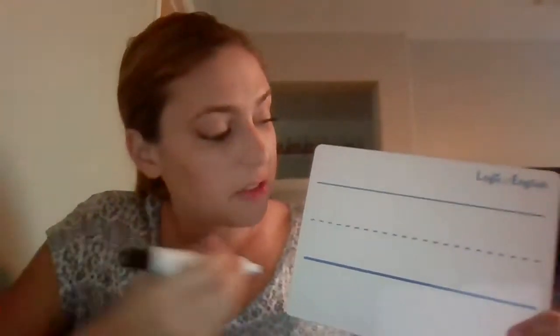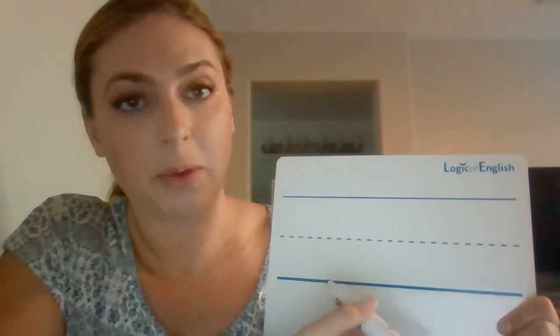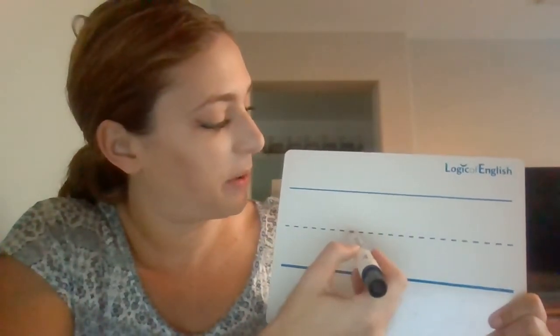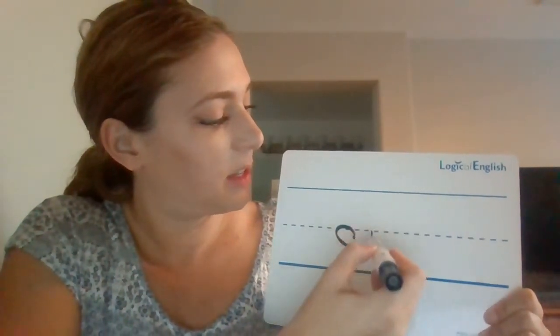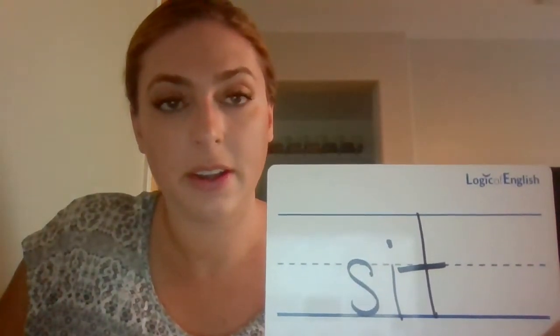As I write it, I need you at home to help drive my marker. Tell me each sound as I'm writing it. Are you ready? Let's do it together. S, I, T. Sit. Good.